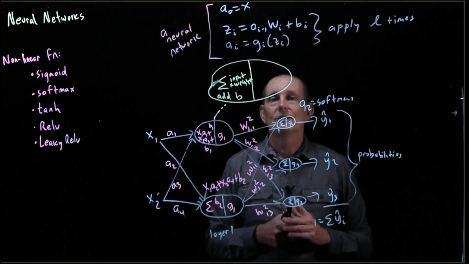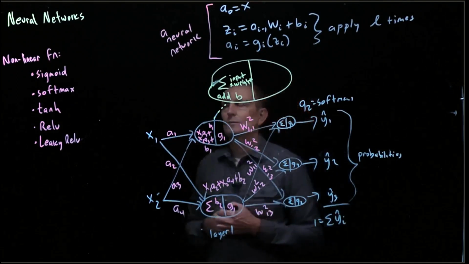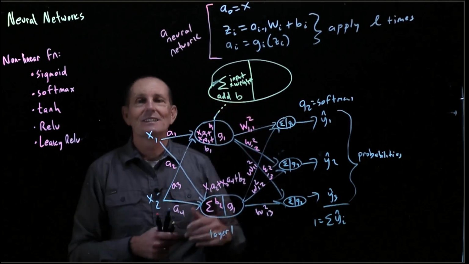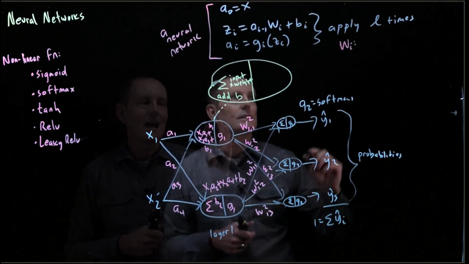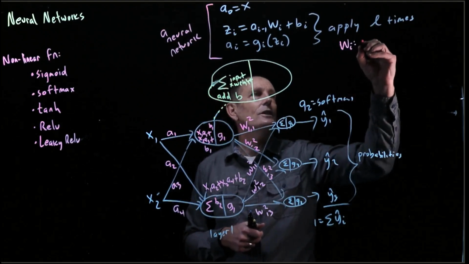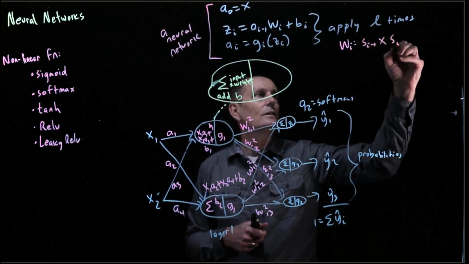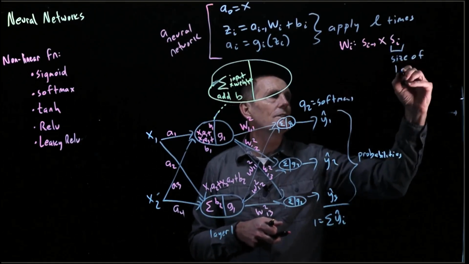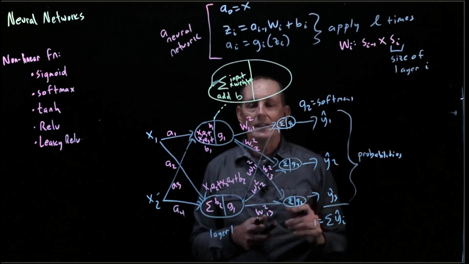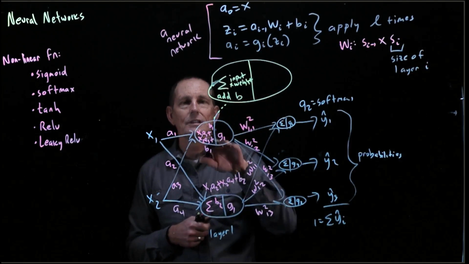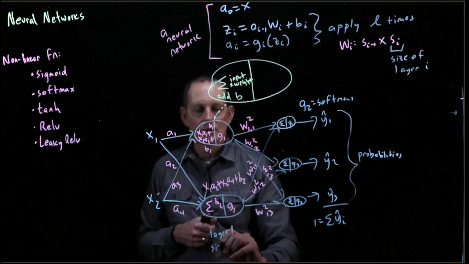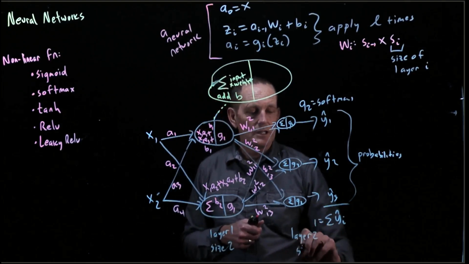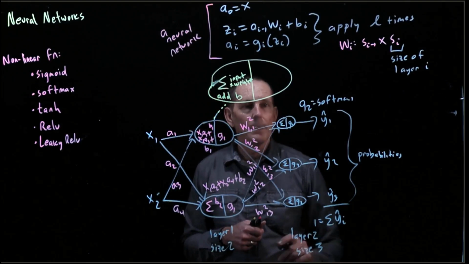These diagrams get quite unwieldy as you get too deep. And of course, as you get the size too big, right? Again, the size of layer W sub i is just S sub i minus 1 times S sub i. So this is considered the size of layer i. And that's exactly equivalent to the number of nodes in that layer. So here, the size is 2 for layer 1, and this is layer 2, and the size is 3.